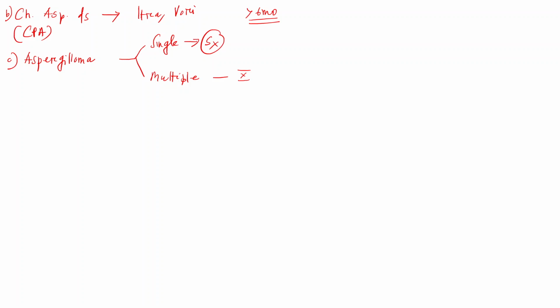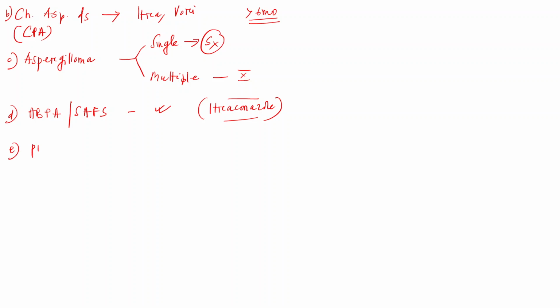You can just give itraconazole therapy. For ABPA or SAFS, the treatment of ABPA I have already discussed, and the treatment of SAFS is also the same. Here the antifungal that is preferred is itraconazole.